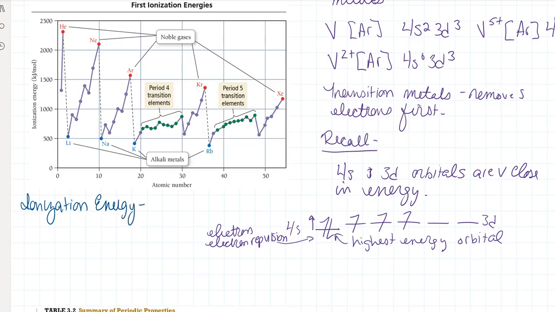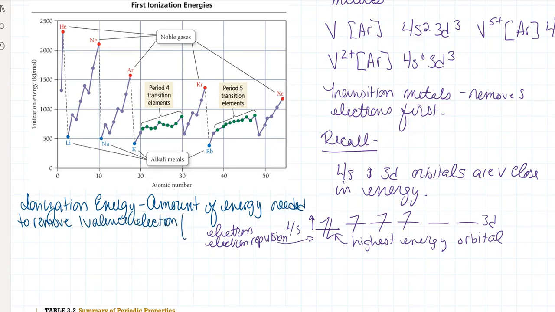And ionization energy is the amount of energy needed to remove one valence electron from an atom in the gas phase. So let's take a look at this data and see what we come up with.